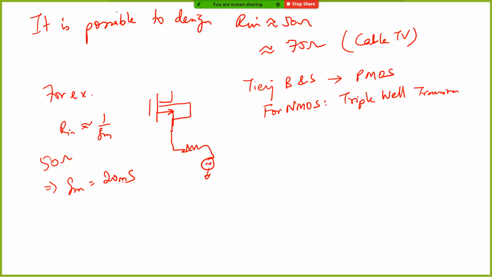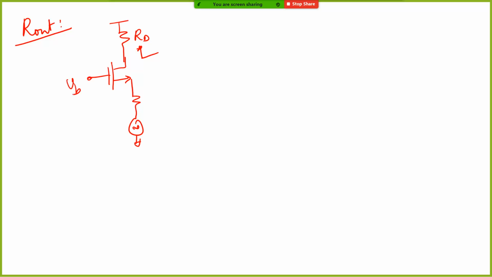So here again, let's also look at the output impedance. So the output impedance is what? When you are doing output impedance calculation, you set the input to 0.